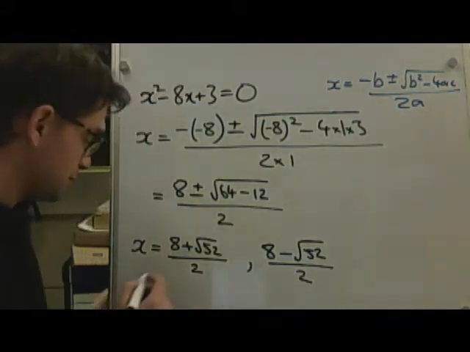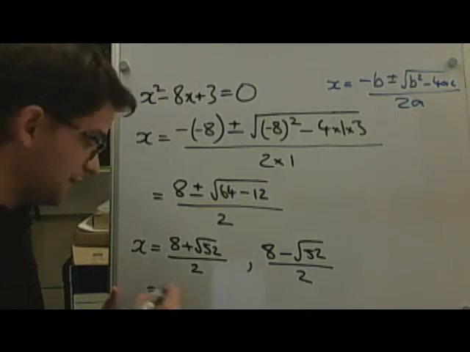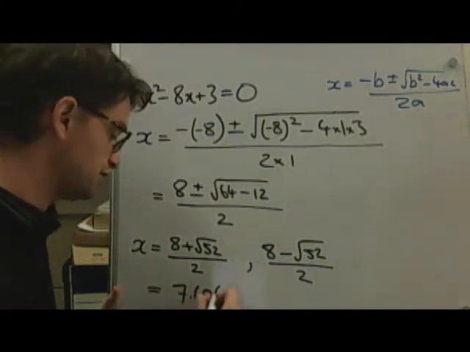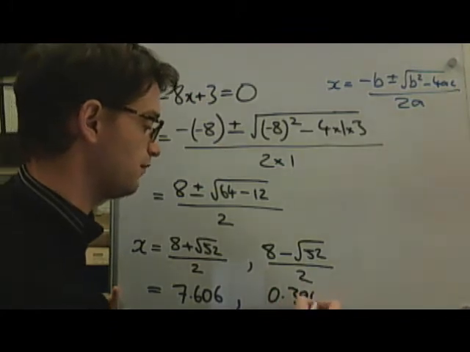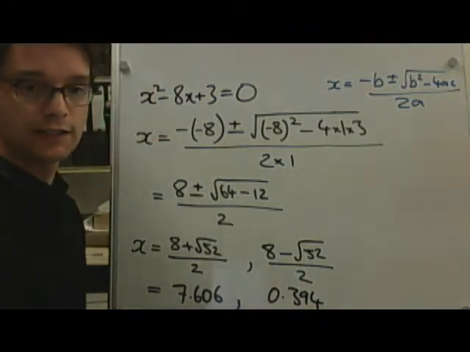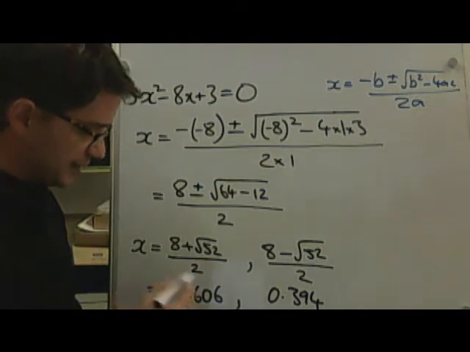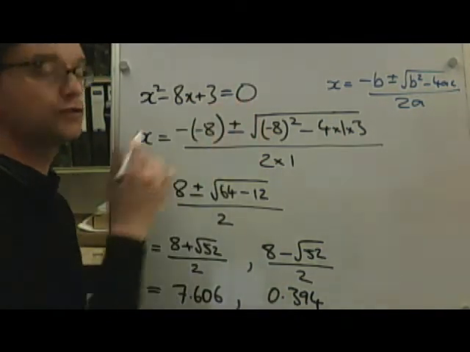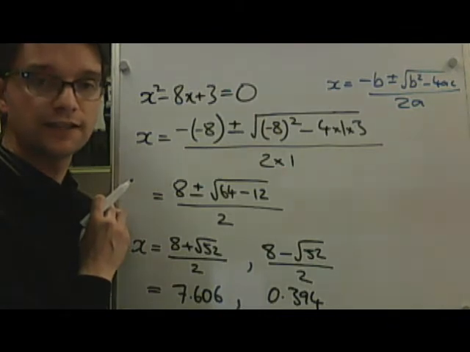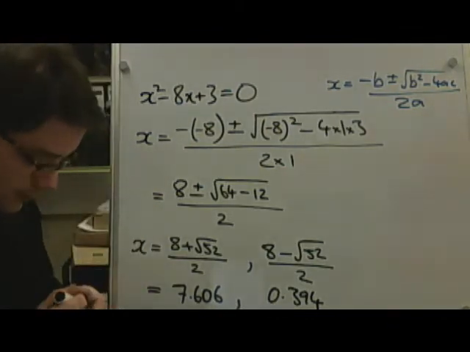And if you stick those numbers into your calculator, I think you'll find that this is 7.606 and this one is 0.394. Okay, so that's your two values of x. Those are your two solutions for x squared minus 8x plus 3 equals 0.